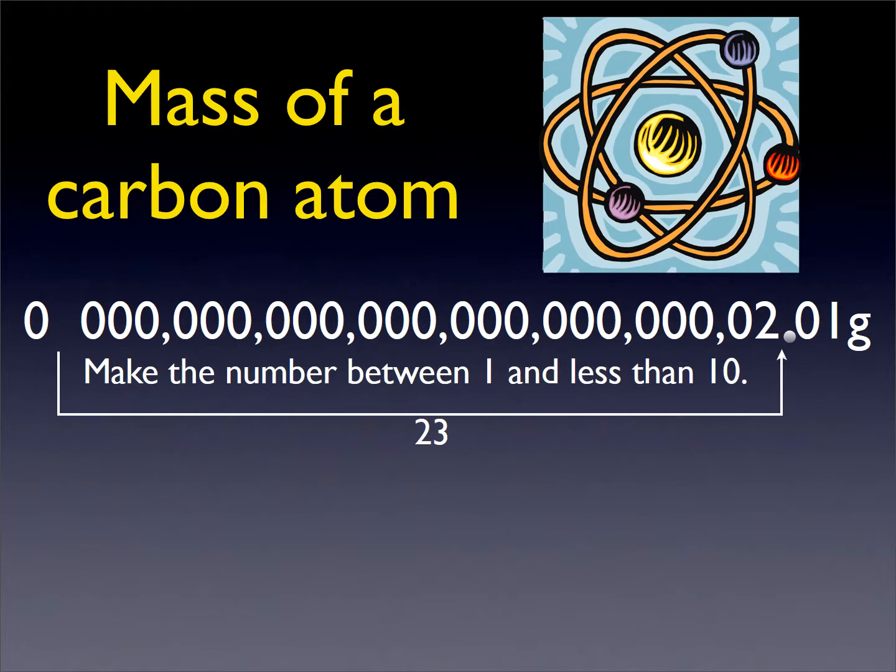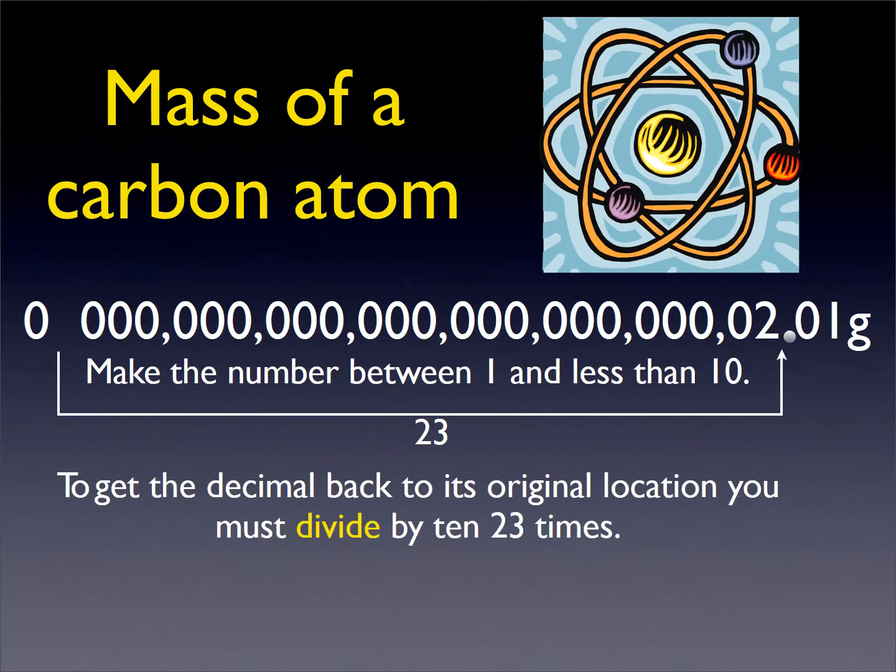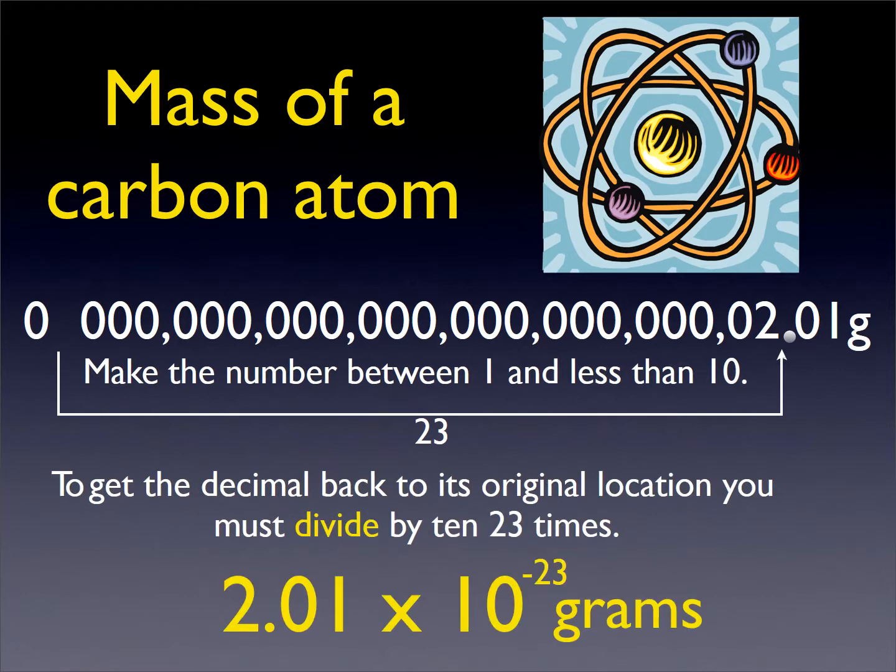If you moved over to the right more, you would get 20, which is greater than 10. If you moved it to the left, it would be 0.2, which is less than 1, so you can't do that. So the number would be 2.01 times 10 to the negative 23 grams. Negative because you are moving it to the right. So if a number is less than 1 in scientific notation, it's going to have a negative exponent. If it's more than 1, it's going to have a positive exponent.